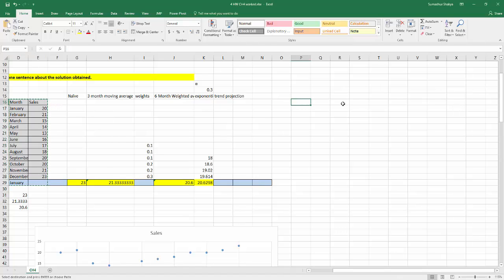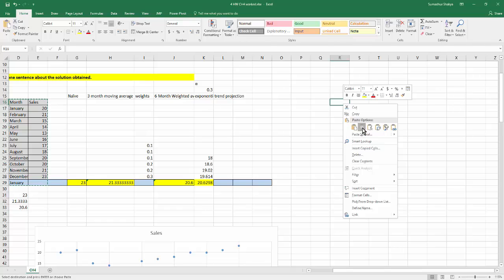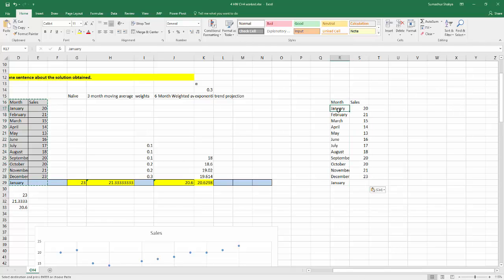Then I'm going to paste it using values such that I convert this into 1, 2, 3, 4, 5, 6, 7, 8, 9, 10, and 13th.